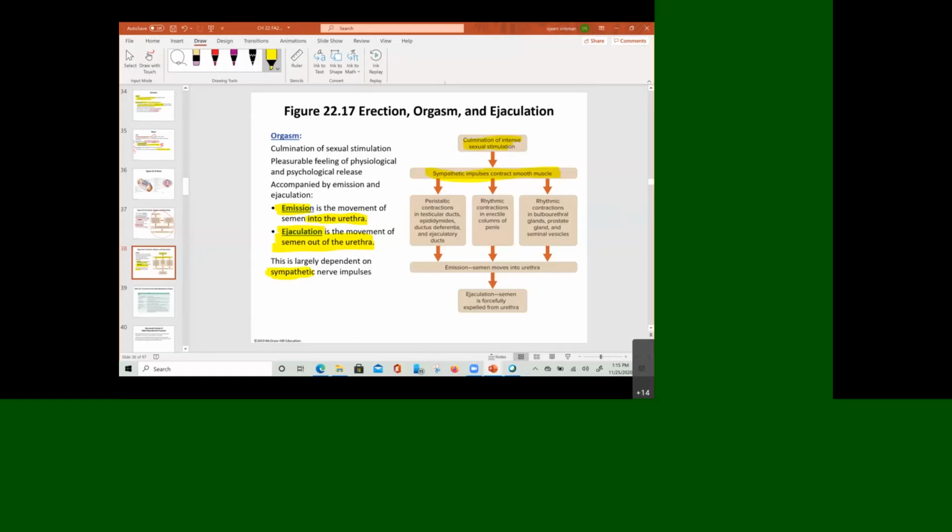Also, there's going to be erectile contractions inside the columns of the penis and rhythmic contractions in the bulbourethral gland, all the glands, prostate gland, and the seminal gland. All of these together lead to emission, where the semen starts to move from the glands into the urethra. That's emission. Then the next step is ejaculation, where the semen is expelled out of the urethra.